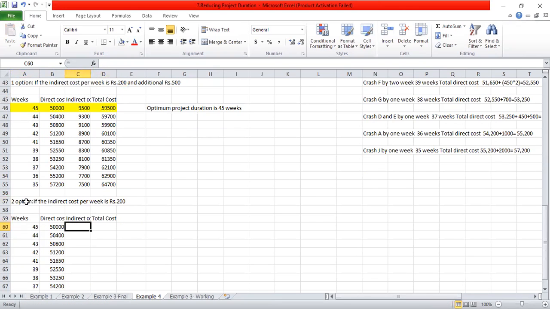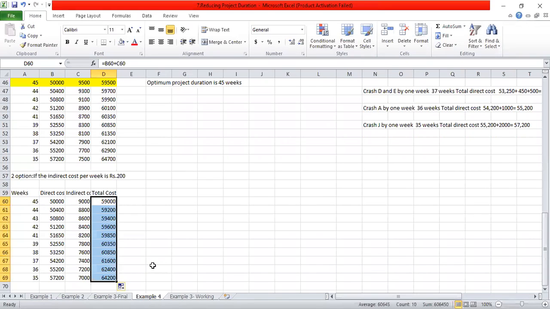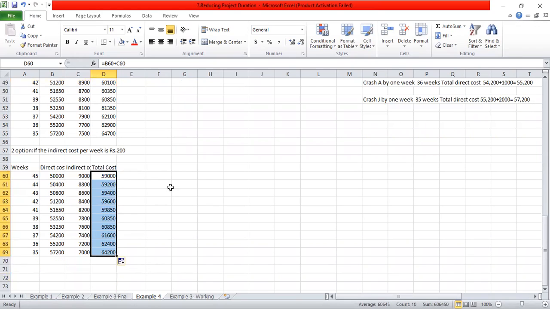So the indirect cost for option 2 is only 200 per week. Multiply 200 by the number of weeks. Then you have to take the summation of these two. And in the second option also, they are asking to calculate the optimum project duration.